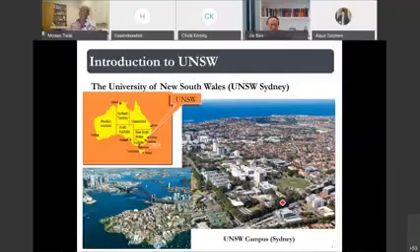Here you can see a photo of Sydney and the Harbour Bridge, and a photo of the UNSW campus. The building with the UNSW logo on top is our library, and if you look a little farther, you can see Coogee Beach.